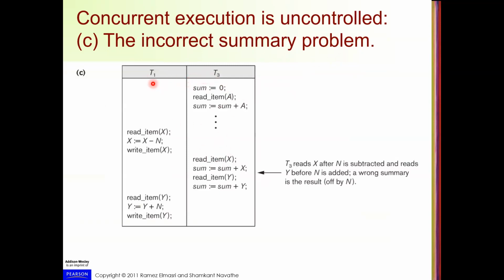Yeah, this is the incorrect summary problem. Transaction T3 started calculating the sum. It read the item A, sum is equal to sum plus A. Meanwhile, transaction T1 is trying to read item X, X is equal to X minus N, and then write the item X. Then T3 reads item X and adds X into the sum, and reads Y and adds Y into the sum.